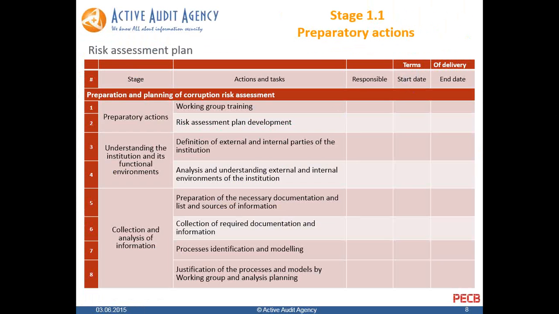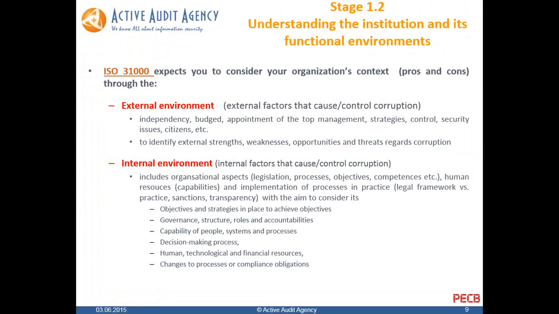After that, we can go to stage 1.2. We should understand the organization and functional environment. According to ISO 31000, you should consider your organization's context, pros and cons through the external environment, its external factors which may impact the level of corruption or fraud risks.